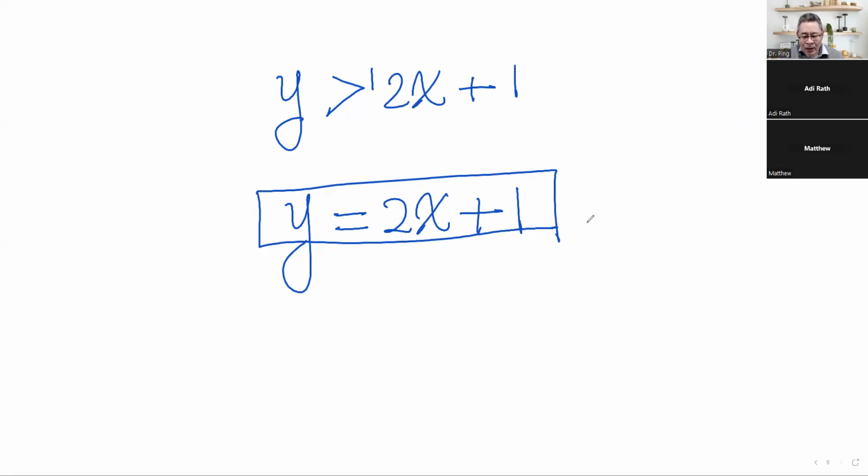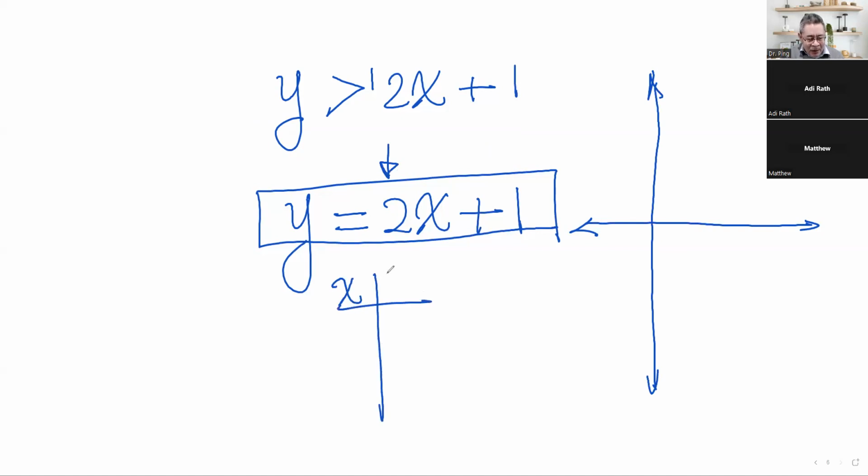So how do we do that? We're going to graph the line on the xy plane. If x is 0, y will be 1. If x is, say, 2, then y will be 2 times 2, 4, plus 1, 5.